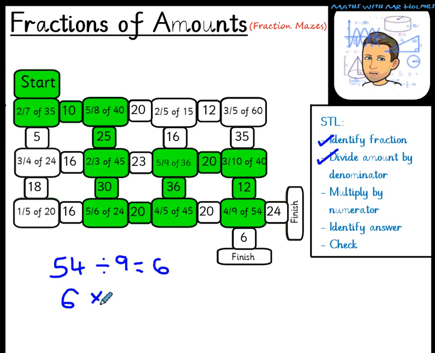So 6 multiplied by 4. And that would give 24. So let's identify the answer. This was 6. Oh, right, that would have been 1/9, wouldn't it? Only one part. Correct answer is 24, and we've made it to the finish.